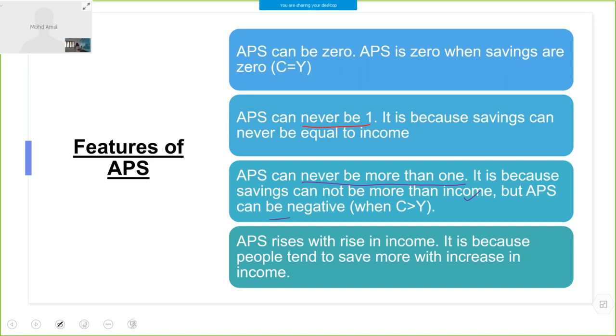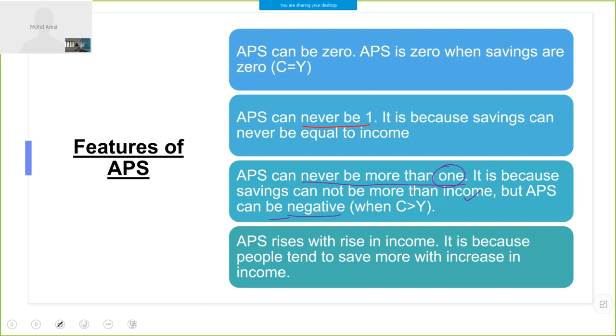But APS can be negative when consumption is greater than income. We know there are 3 situations. So APS can be negative, but APS can never be more than 1 because savings cannot be more than income. APS can be negative when C is greater than Y.